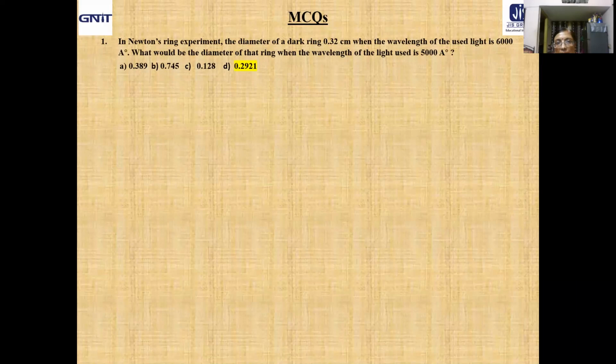In Newton's ring experiment, the diameter of a dark ring is 0.32 centimeter when the wavelength of the light used is 6000 angstrom. What would be the diameter of that ring when the wavelength of the light used is 5000 angstrom?